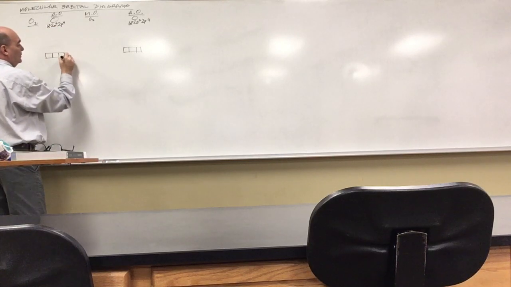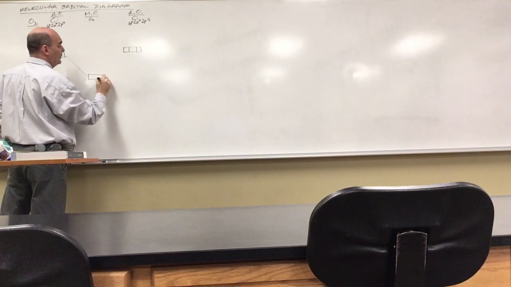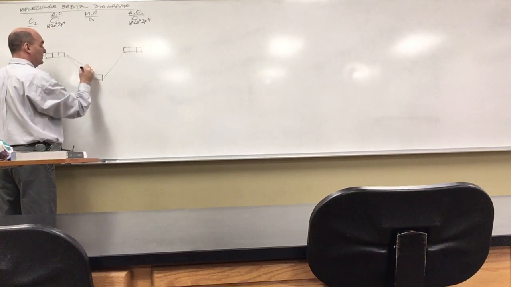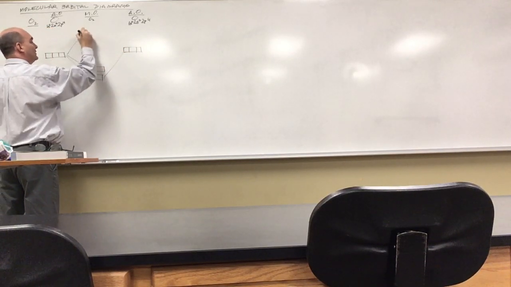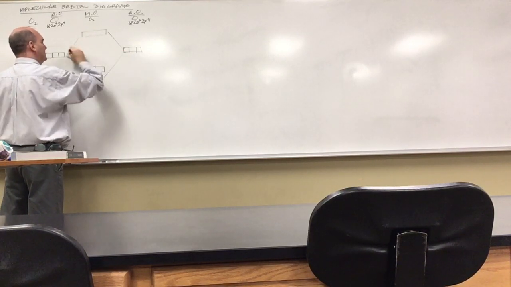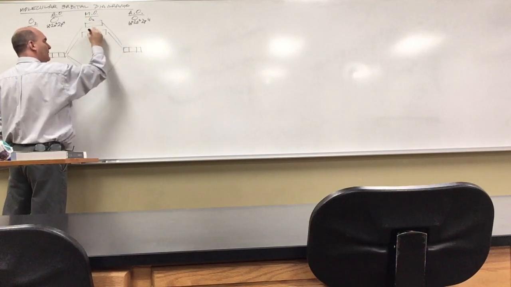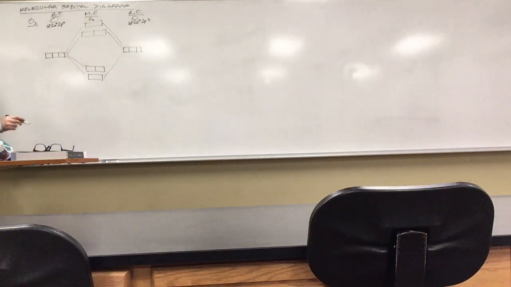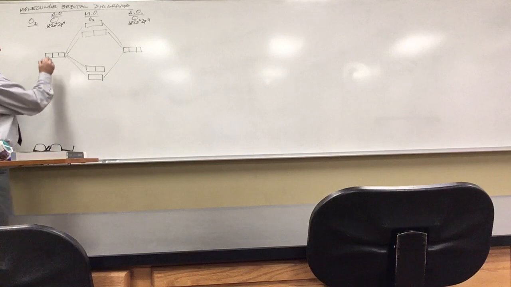So we figured that we didn't need to show a representation of the 1s or the 2s because they were redundant. We already had those covered. However many bonding molecular orbitals you build, you have the same number of anti-bonding molecular orbitals, and they all fill, therefore they cancel each other out.